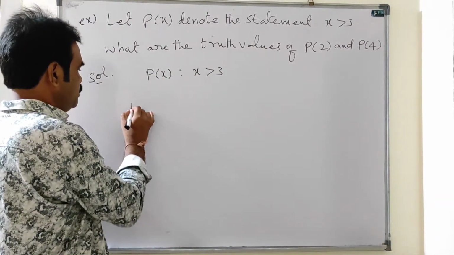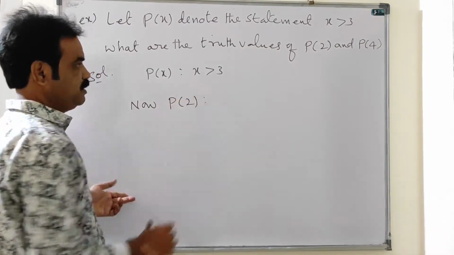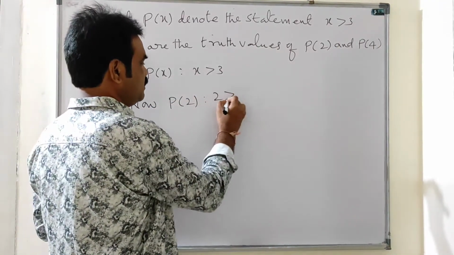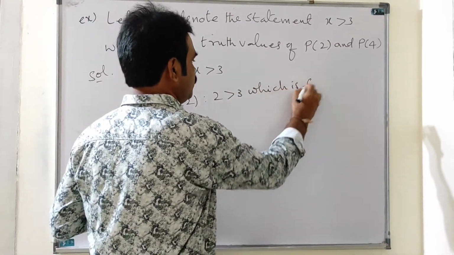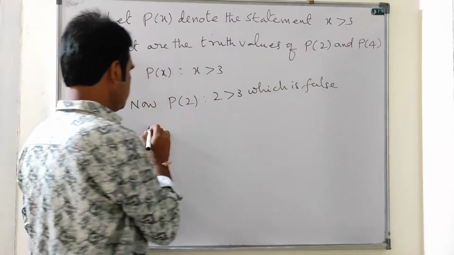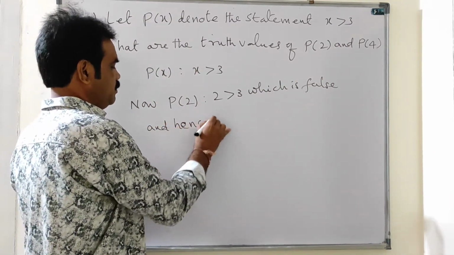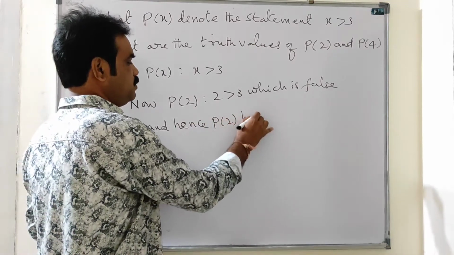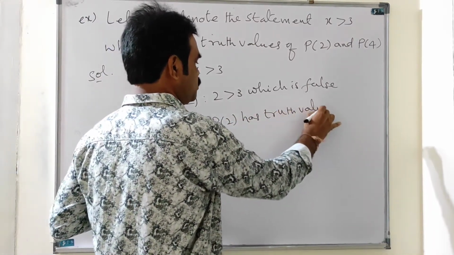So now, what is P of 2? P of 2 is the statement 2 greater than 3, which is false. And hence, P of 2 has truth value. What is its truth value?